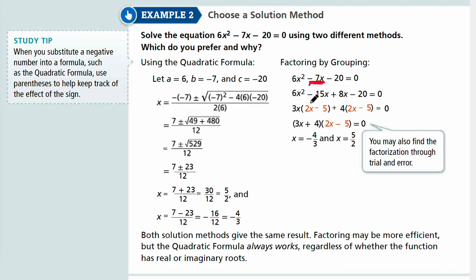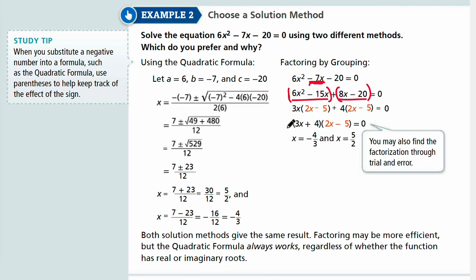So if we rewrite -7x as -15x plus 8x, then we can group this together and factor out 3x. Do you see the greatest common factor? Yeah. And then 8x minus 20, we could group them together to factor out 4. So factor out your greatest common factor after grouping them together.